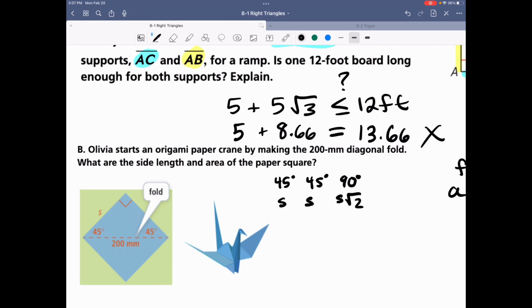So if s is 200, then, or no, I'm sorry, s is not 200. We're trying to figure out what s is. But the s square roots of 2 is equal to 200. So s square root of 2 equals 200. If I want to solve for s, I have to divide by the square root of 2.